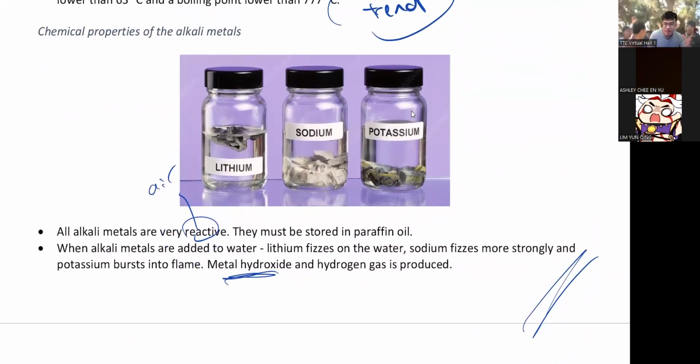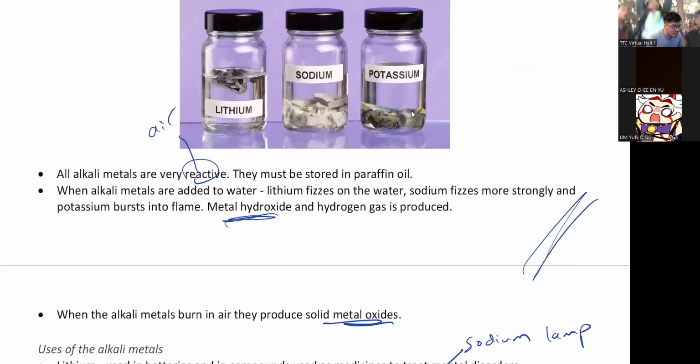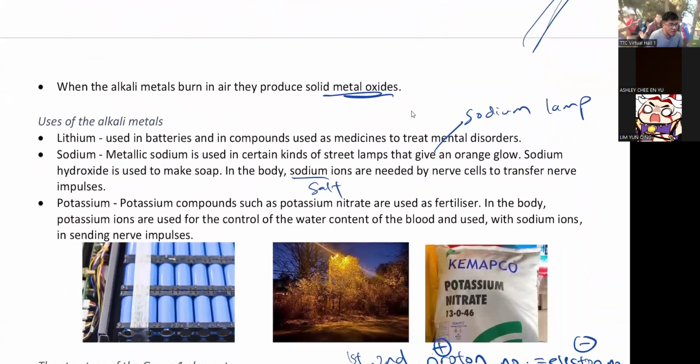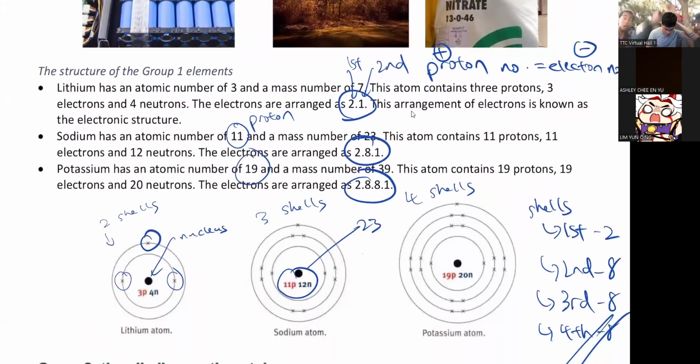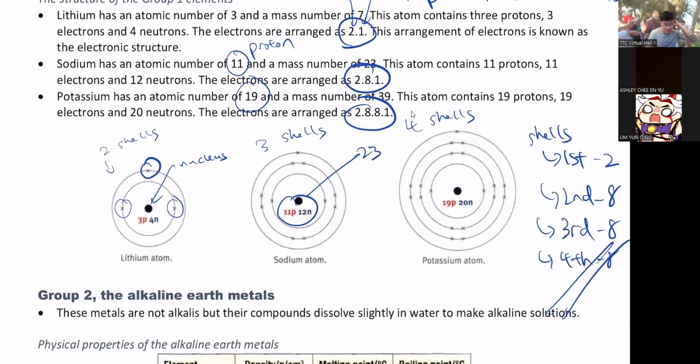Put in water, they will explode and catch on fire, so they have to be stored in oil. And the uses: lithium is used in batteries, sodium in lamps, potassium in fertilizer, the nutrient for plants.